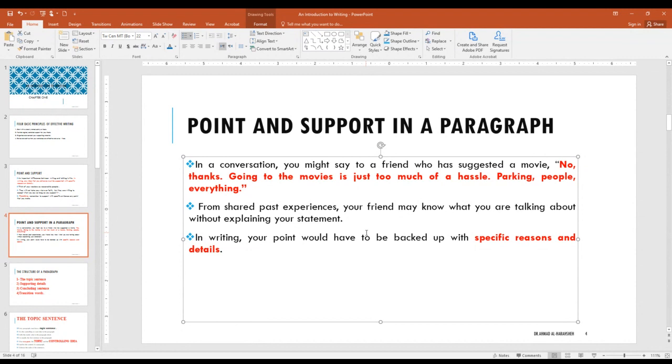You will start revolving or moving around the mall for more than half an hour in order to find a spot to park in. So yeah, you should provide evidence in order to make things easier for your readers, in order to convince them that, wallahi, yeah, parking could be a problem.